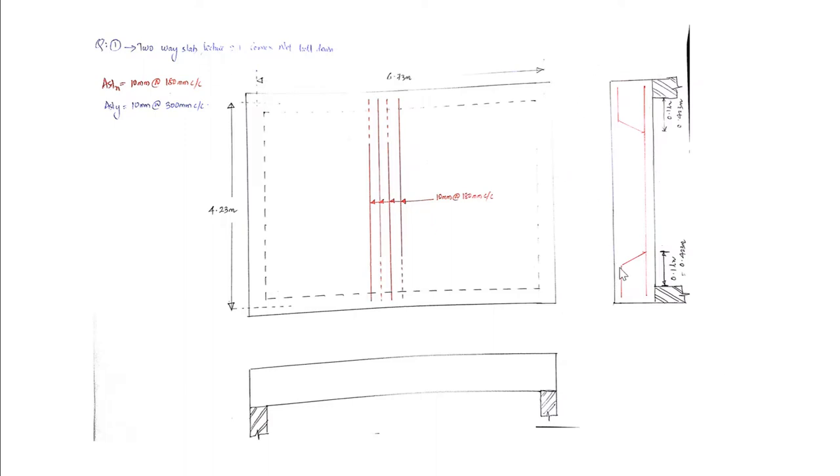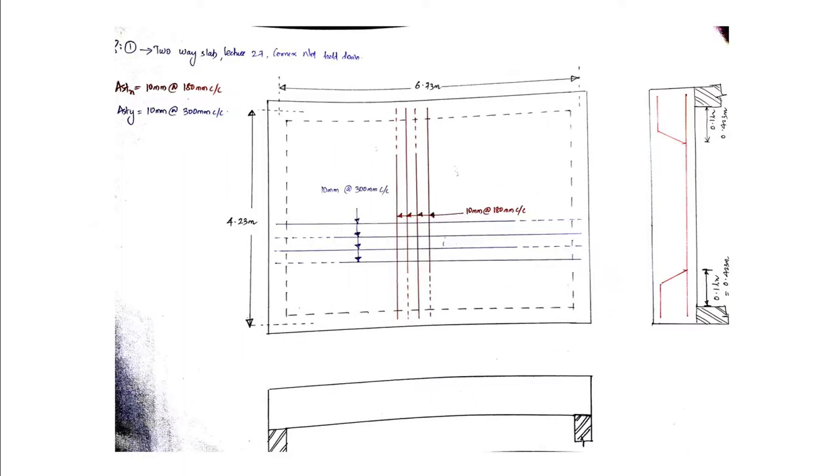You can see in the other direction we have drawn that distance is 0.23, and in the Y direction we have 10 mm at 300 mm center to center. That also will be bent at 0.1 LY, that is 0.673 meter. We will bend that. You can see in the next figure.